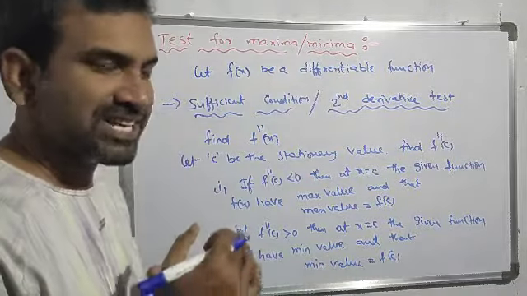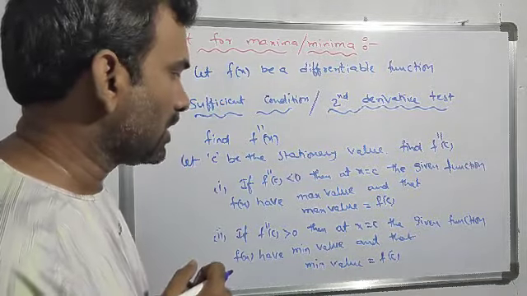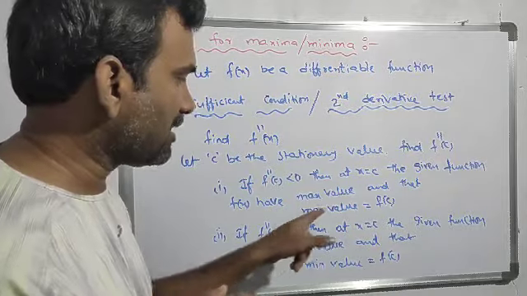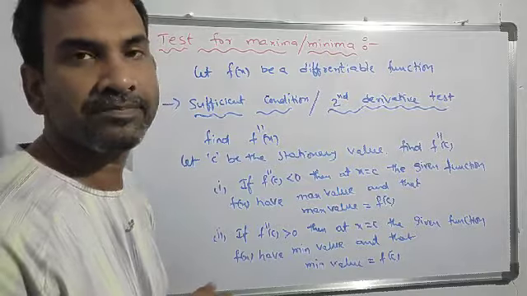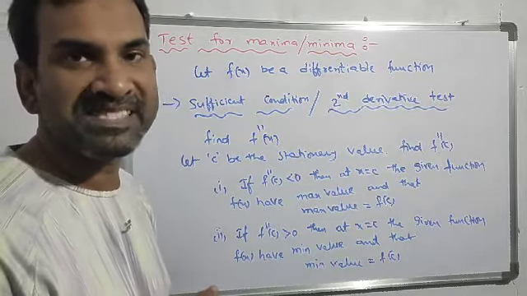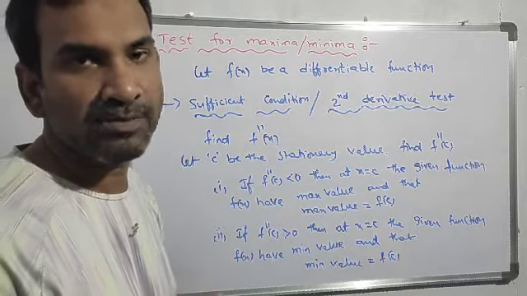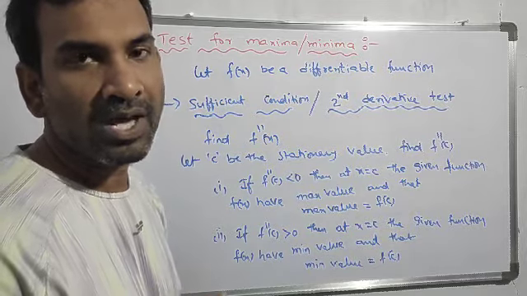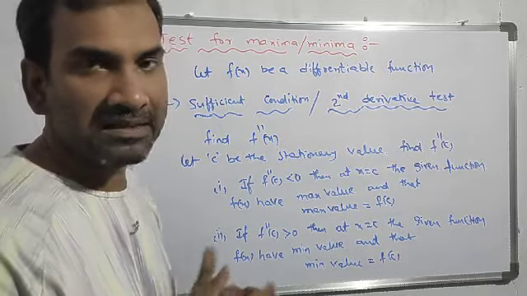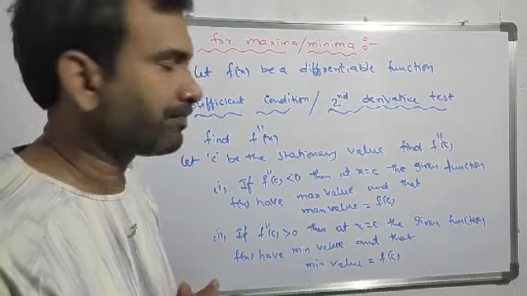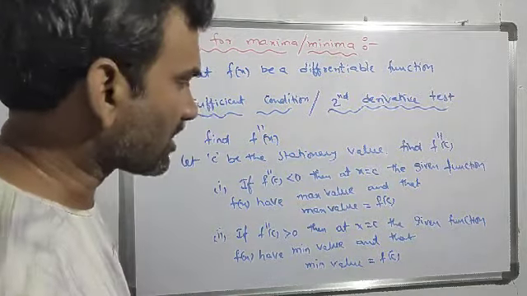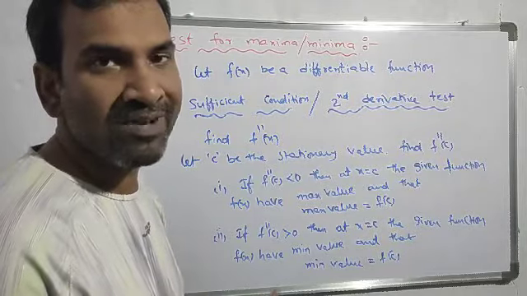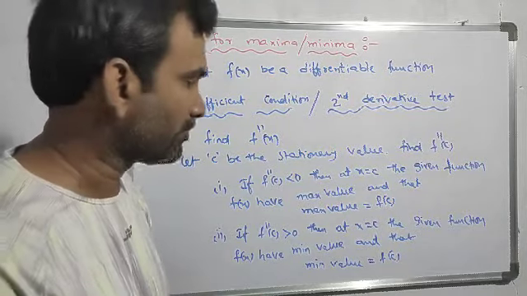That means for a stationary value you are getting either a maximum value or a minimum value. Sometimes that value becomes 0, and you can't say anything. Sometimes it is giving neither a maximum value nor a minimum value.